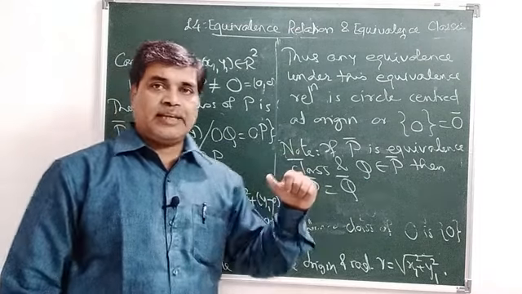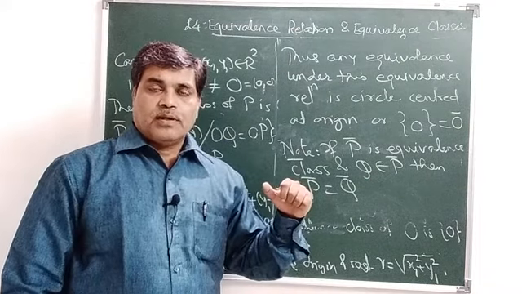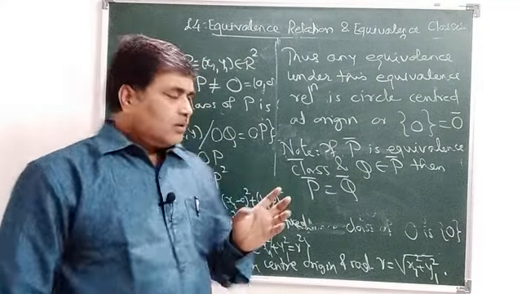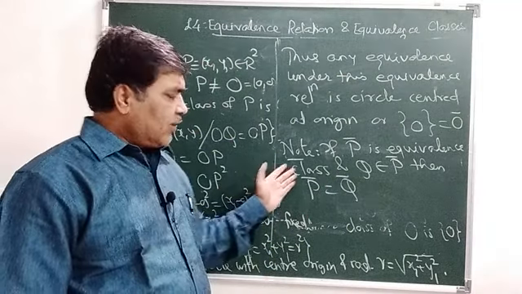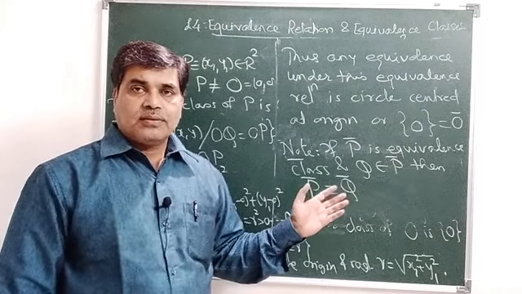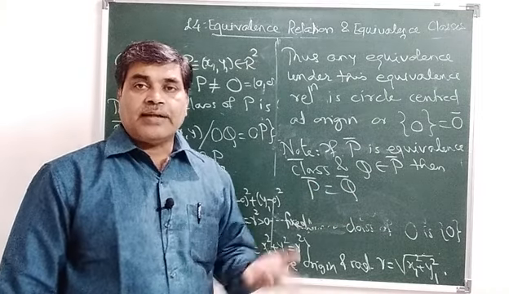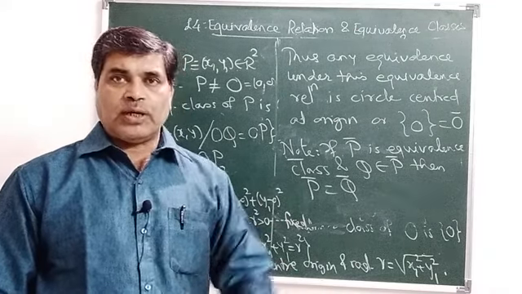That is our aim. Our aim is to prove that any two equivalence classes defined by that equivalence relation are either identical or disjoint.